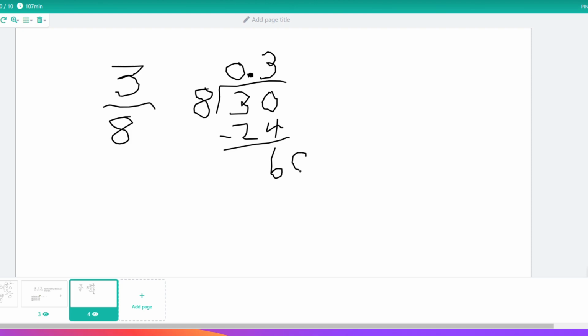So I have to put another 0 at the end, and I have to think, okay, now I have 6. How many times does 8 go into 60?